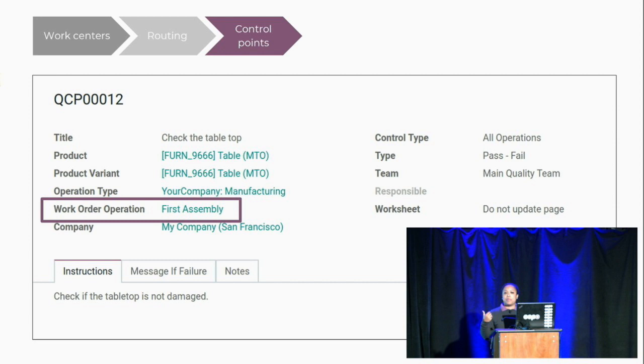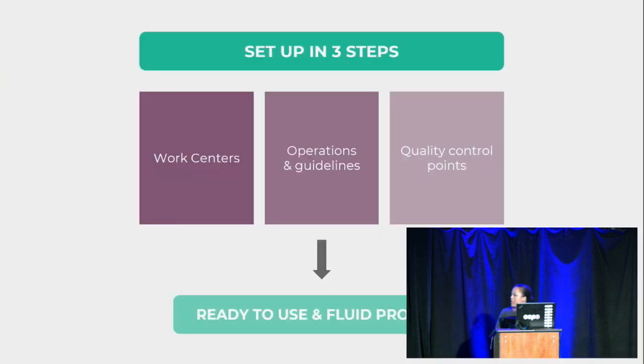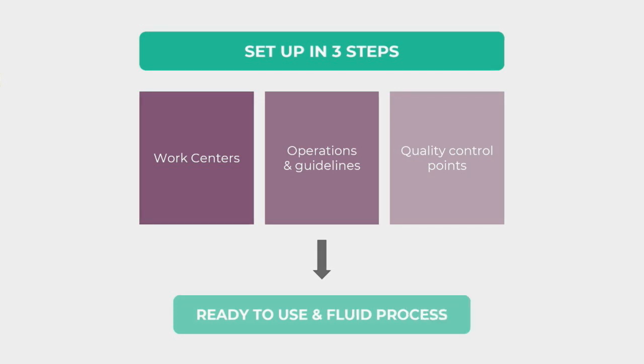Your employee can take that picture, complete their measure, without having to leave the interface or leave this screen. So we see the 3 easy steps: your work centers set up, your operations and your guidelines, and your quality control points, you're set to go and you can already set up your work center.